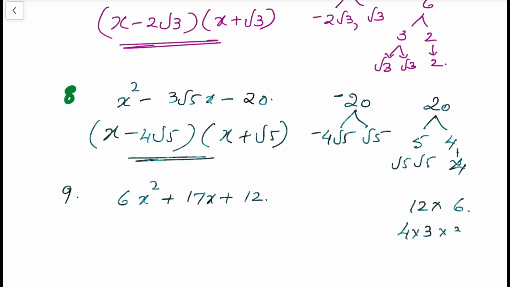Plus 3 into 2, I will write 3 into 2. Now, 3 into 3, 9, and so 9 into 8, 9 plus 8, you will get 17.